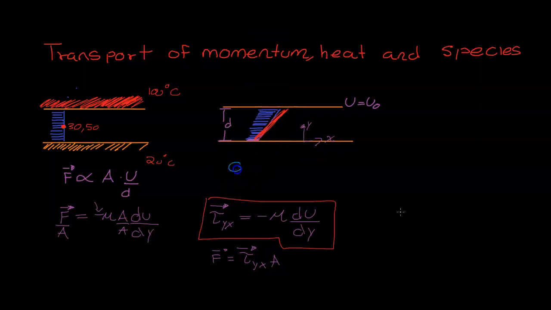So basically Q, which is the heat, is going to be equal to negative of the thermal conductivity, which is a constant as well, times the area times the change in temperature over the distance.